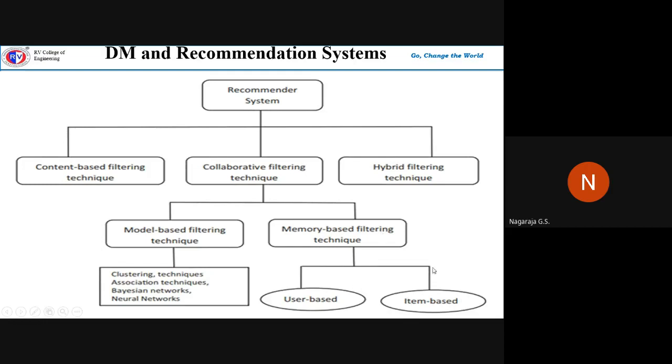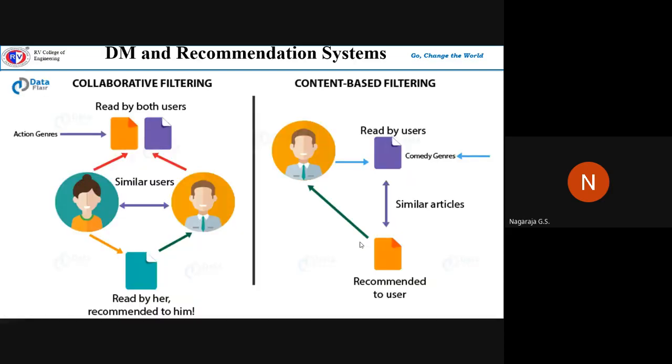So with the help of these things, you can easily go ahead with a recommender system. If you look at this particular slide, it talks about collaborative filtering and content-based filtering. From the left-hand side, see here, both the users are reading the contents, or maybe one user may be recommending it, and they may say go ahead with this particular content.